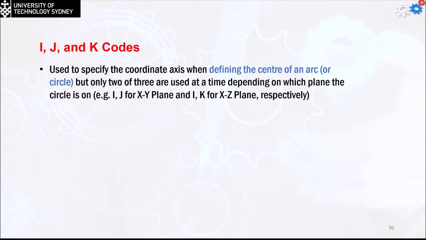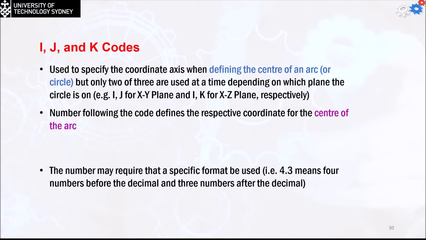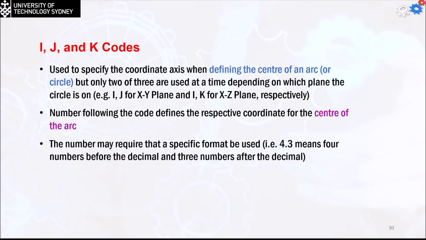So obviously you're going to have the J and the K if I'm going to have the Y and the Z plane. The number following the code defines the respective coordinates of the center of the arc. The number may require that a specific format be used. For example, 4.3 means 4 numbers before the decimal and 3 numbers after the decimal.